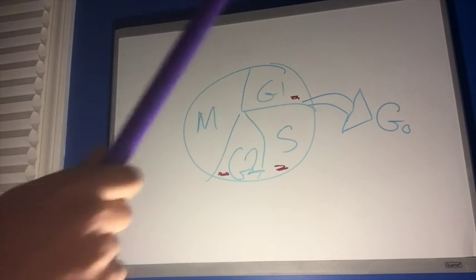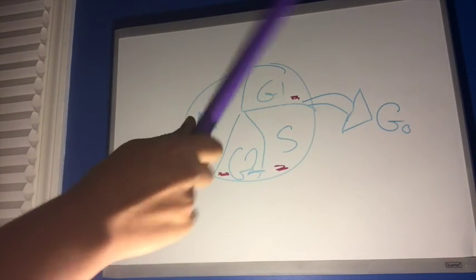As you can also see, there is another phase called G0. G0 also acts kind of like a tumor suppressor gene, because G0 is like a break. It's like a timeout.